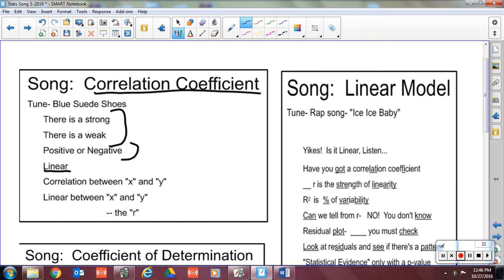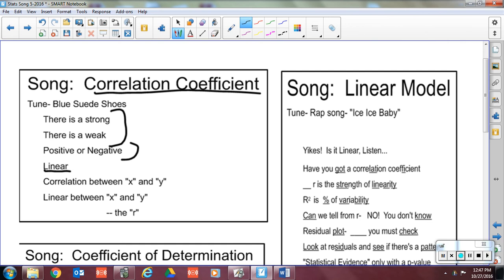There is a strong, there is a weak, positive or negative, linear correlation between X and Y. Linear between X and Y. Okay, you guys come on in this time. There is a strong, there is a weak, positive or negative, linear correlation between X and Y. Linear between X and Y. Good.